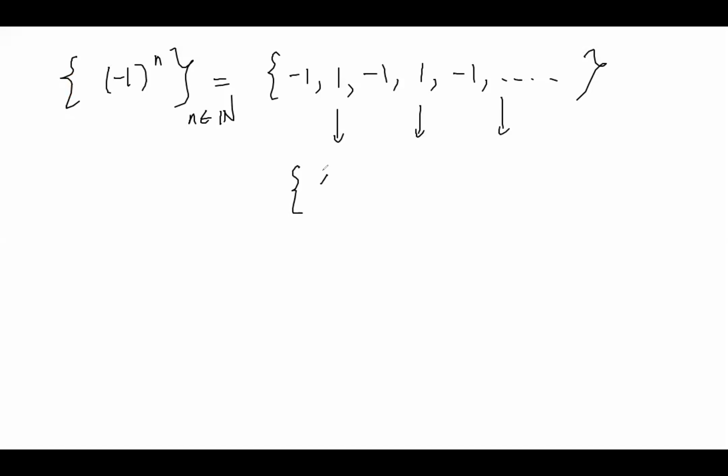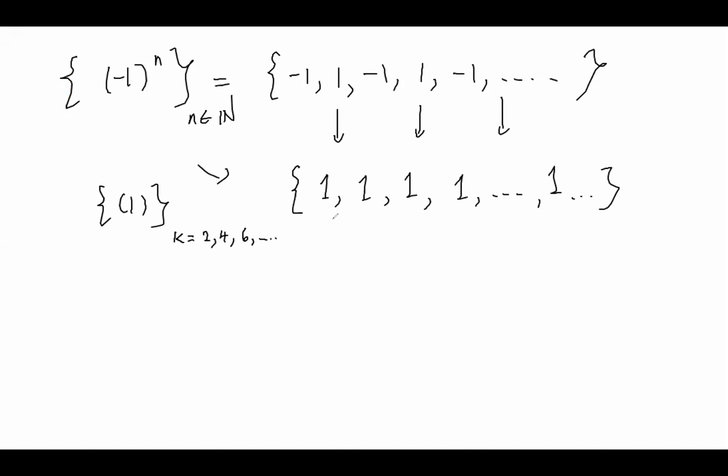So a subsequence will be 1, 1, 1, 1, which is just a constant 1, with your k being 2, 4, 6.